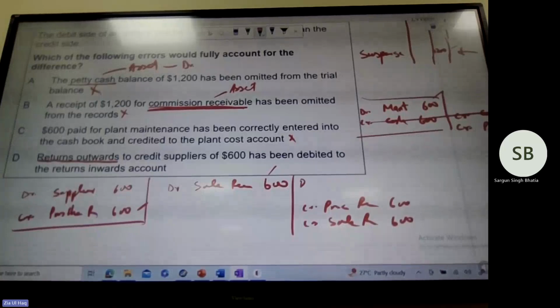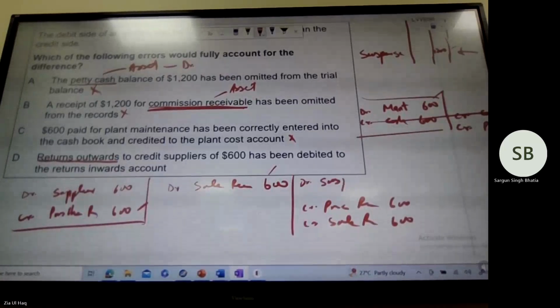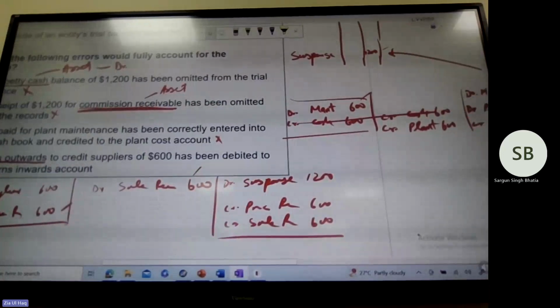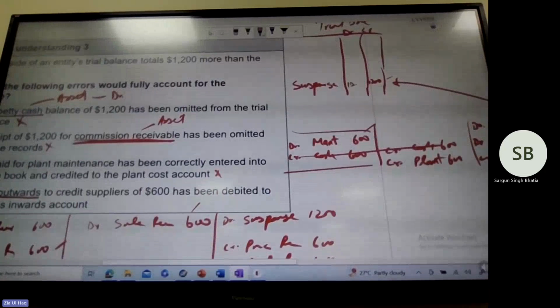So what should be on the debit side? Suspense account with 1200. If we record suspense on the debit side here, 1200, this will be eliminated.